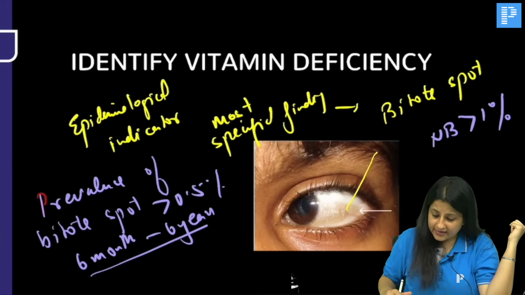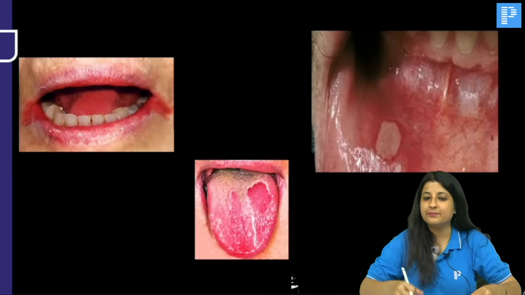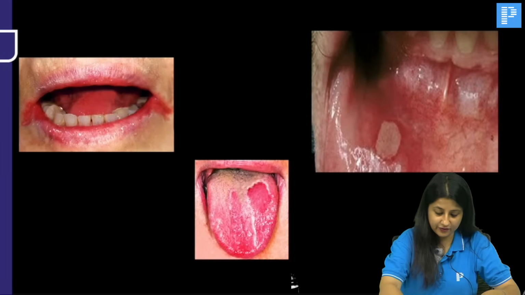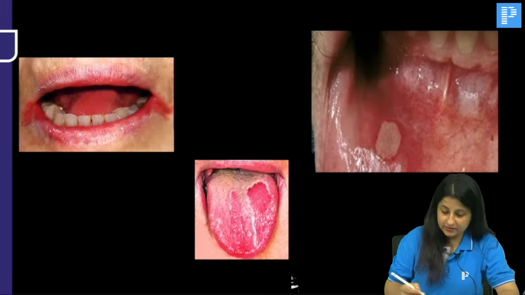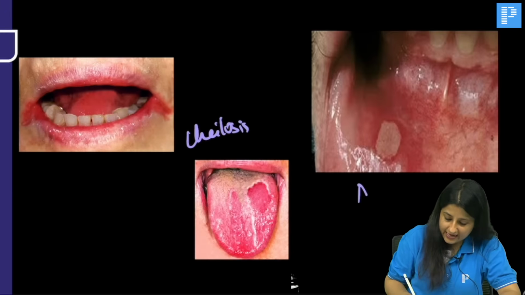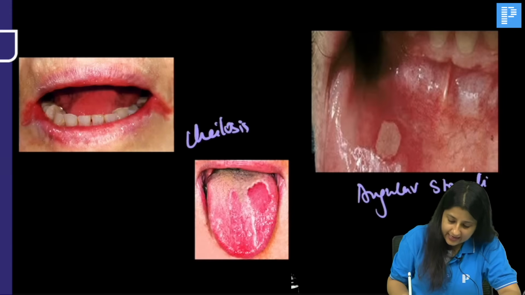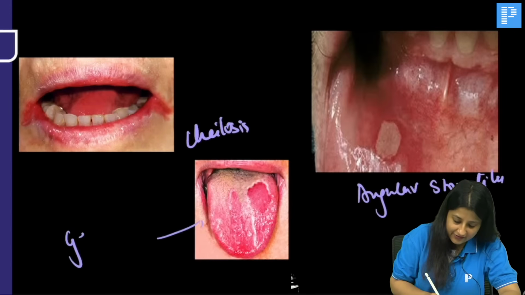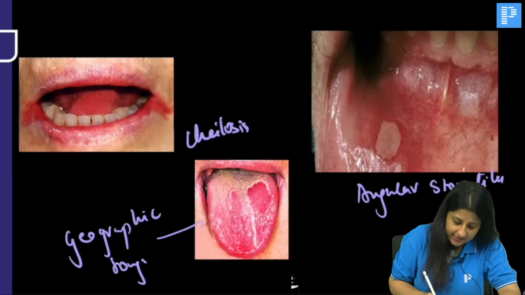Okay, next one, this image is representing which vitamin deficiency? You can see cheilosis over here, you can see angular stomatitis, and you can also see geographic tongue, or you can also call it glossitis. तो ये क्या है everybody?